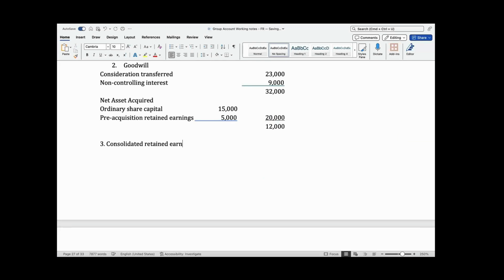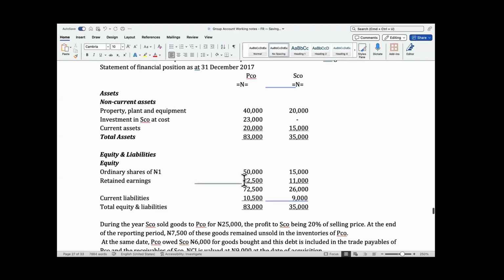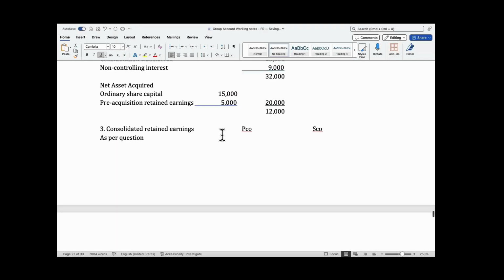So my consolidated retained earnings. As per the question, what's the retained earnings of Pico? 22,500. I will deduct pre-acquisition retained earnings. What's the pre-acquisition retained earnings? 5,000.